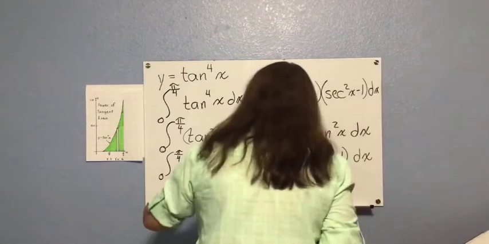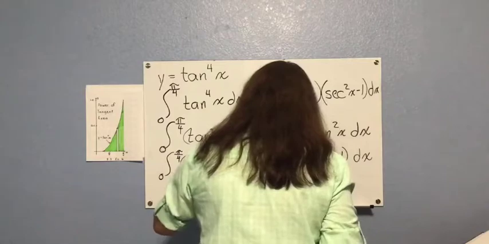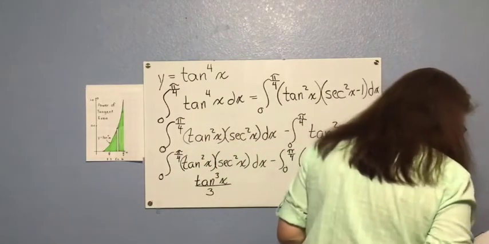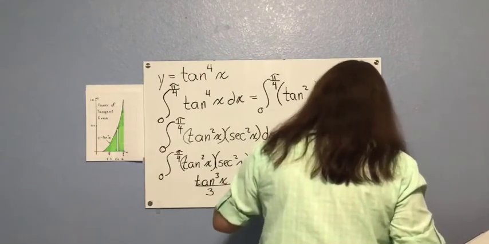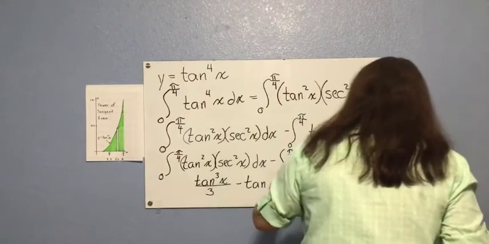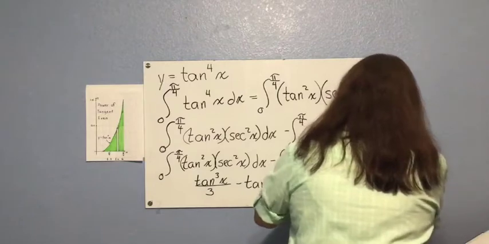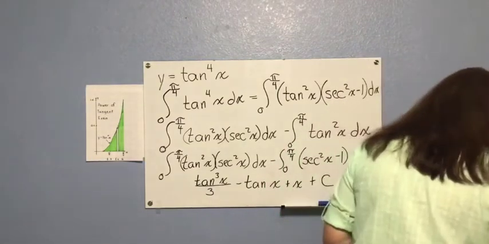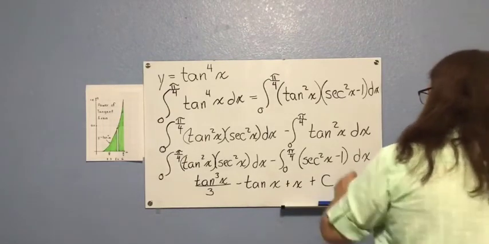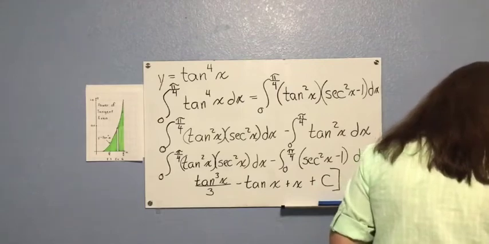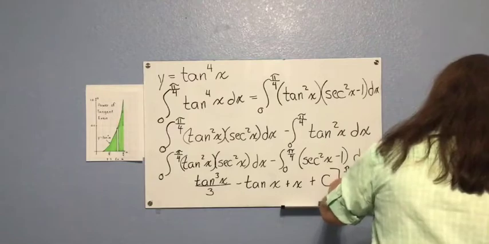Okay, now this integral is going to give me tangent cubed x over 3 minus tangent x plus x plus a constant. Okay, and we need to evaluate that from 0 to pi over 4.